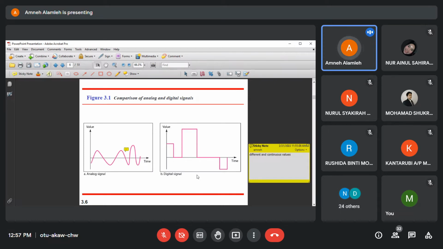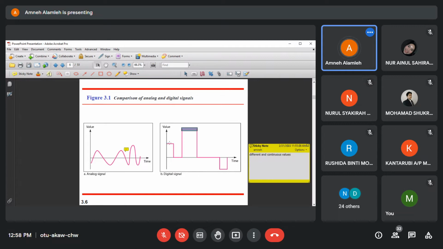This is another comparison of the analog and digital signals. As you see, the analog signal is continuous, and between each point and another point we have infinite values. So the analog signal has different and continuous values. Compared to the digital on the other side, the digital signal has steady values.